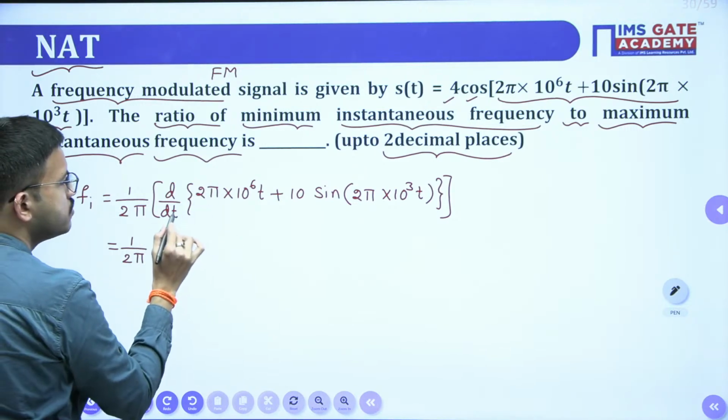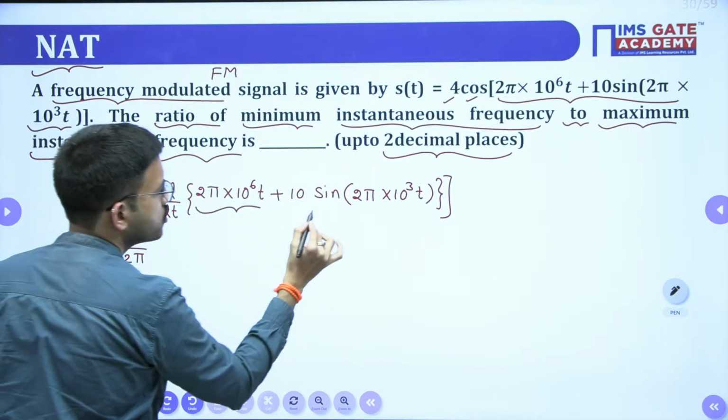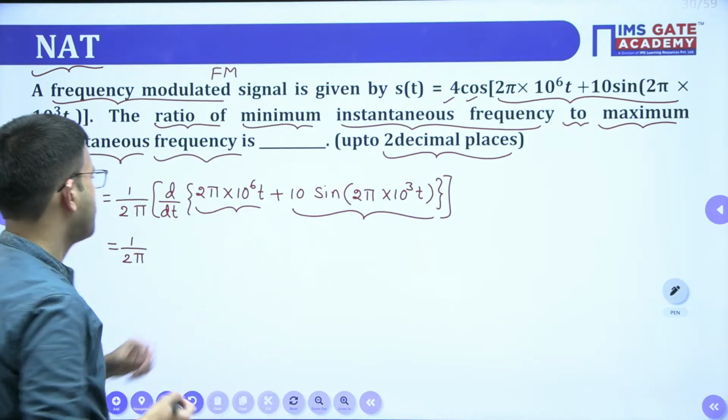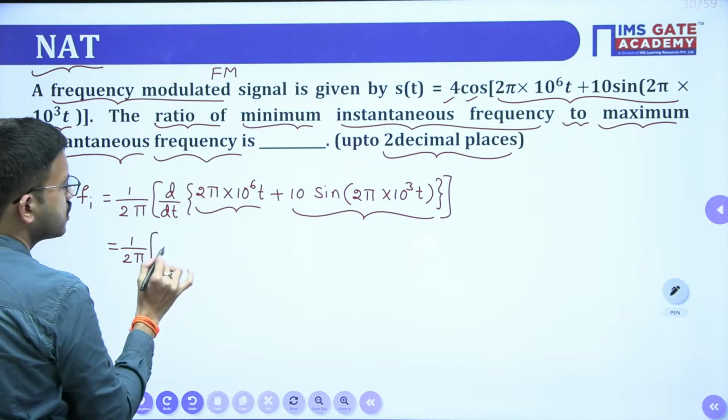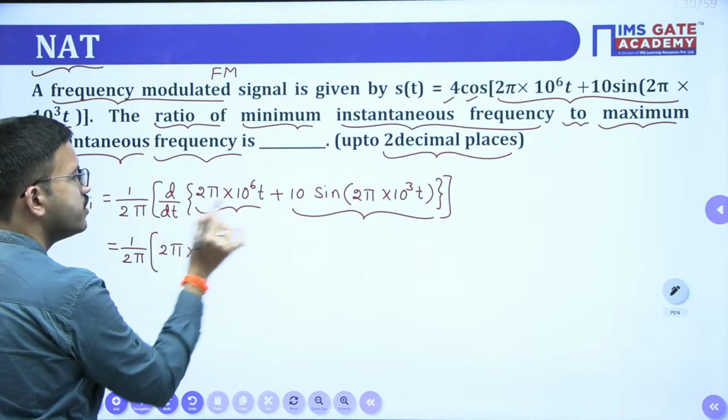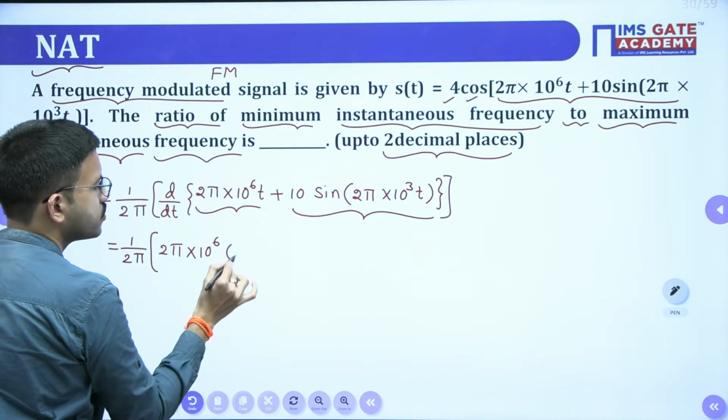Just perform differentiation. Here you have two terms summed together, so you can perform the derivative individually and then add. Here 2 pi is a constant, 10 power 6 is also a constant, you can keep them outside. Derivative with respect to t, you will get 1 only.